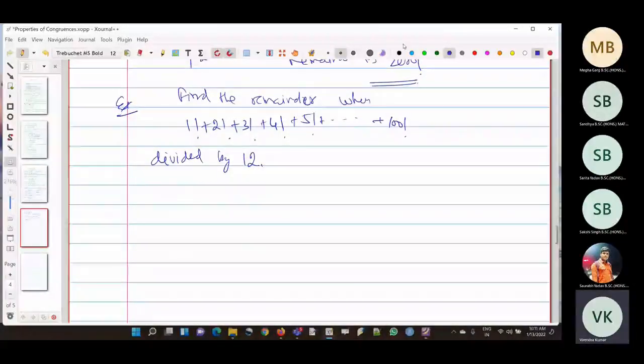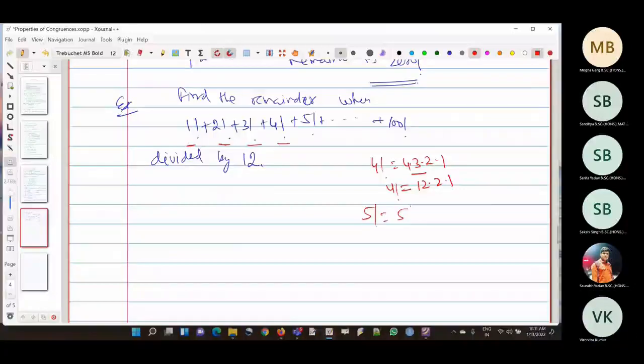So how to proceed? We see that no 12 is there in the first terms. 1 factorial is 1, 2 factorial is 2, 3 factorial is 6. In 4 factorial, we have 4 times 3 times 2 times 1, that is 12 times 2 times 1. In 5 factorial, we have 5 times 4 factorial, and 4 factorial has 12 already.